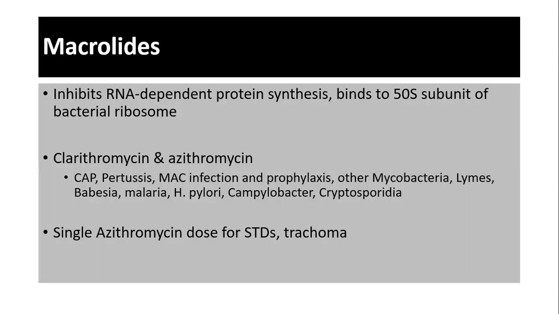Macrolides inhibit protein synthesis. Clarithro and azithro can be given for community-acquired pneumonia, pertussis, Mycobacterium avium complex infection, Lyme disease, Babesia, malaria, H. pylori, Campylobacter, and Cryptosporidia. A single azithromycin dose is given for sexually transmitted diseases and trachoma.